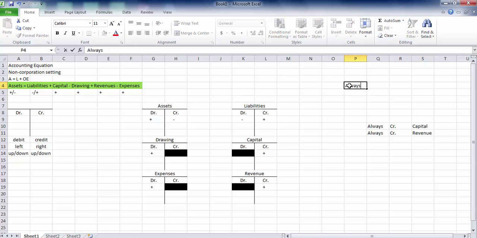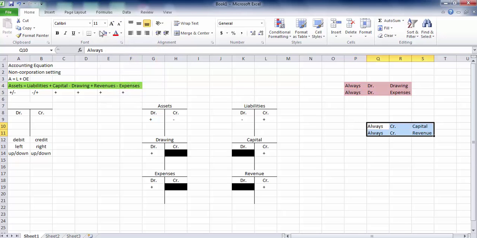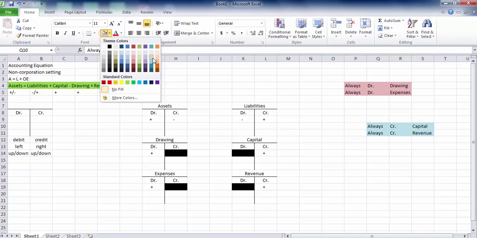We always debit drawing, and we will always debit expenses until we get to Chapter 4. So just kind of remember these, because that is set in stone while we're in these two chapters, or this Chapter 1, Chapter 2, and even Chapter 3. Okay?